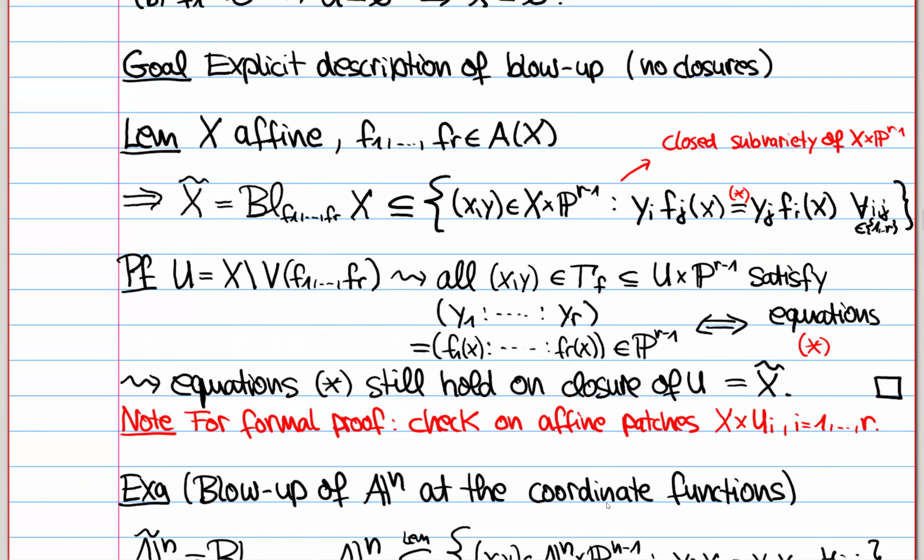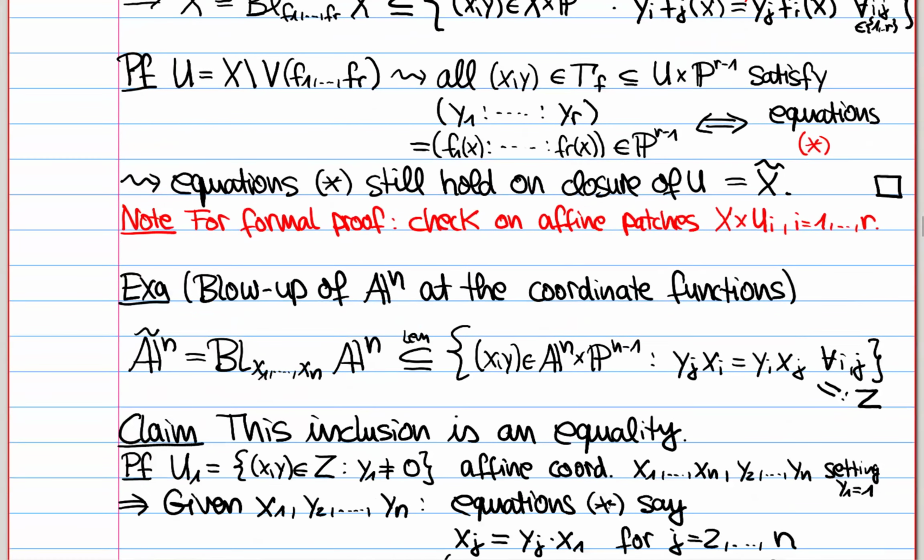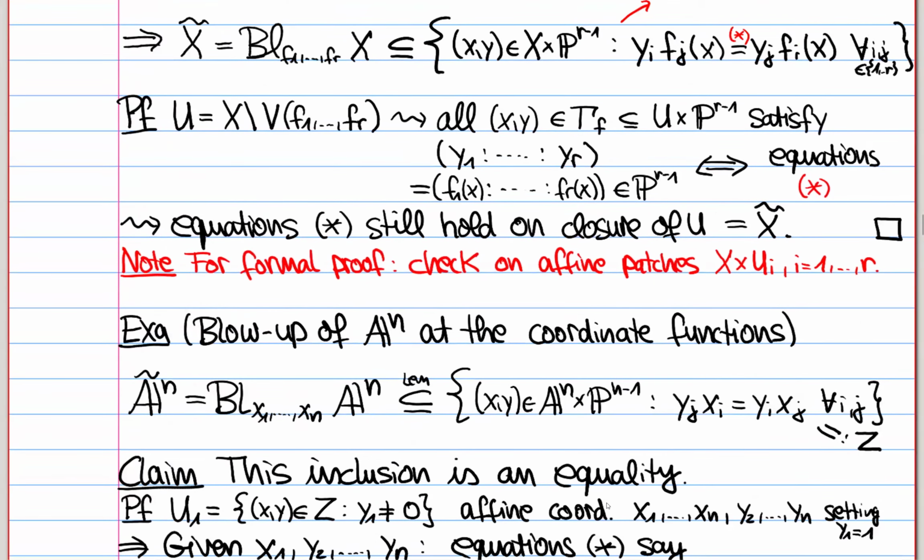And there we are going to see that we get an equality. We take A^n, and this of course has a nice set of r equals n functions, namely the functions x_1 up to x_n.